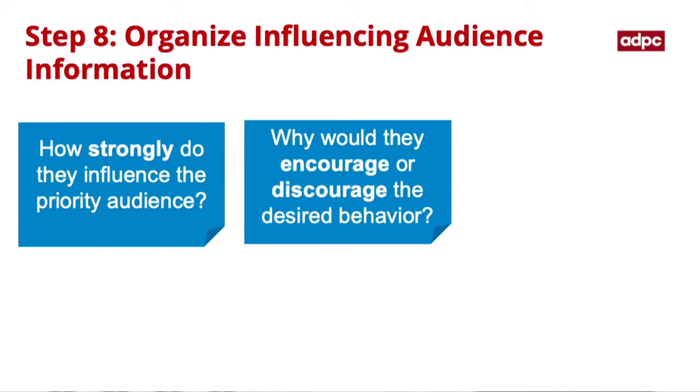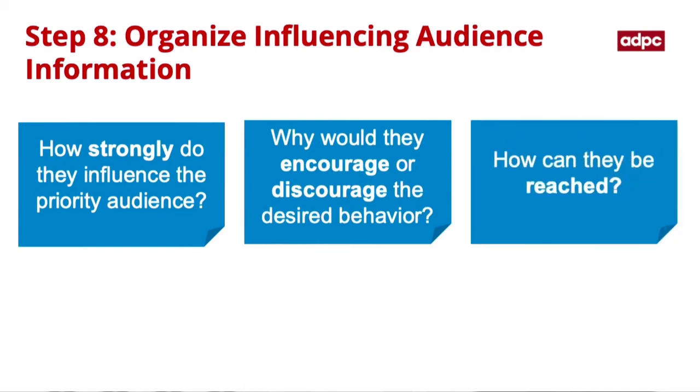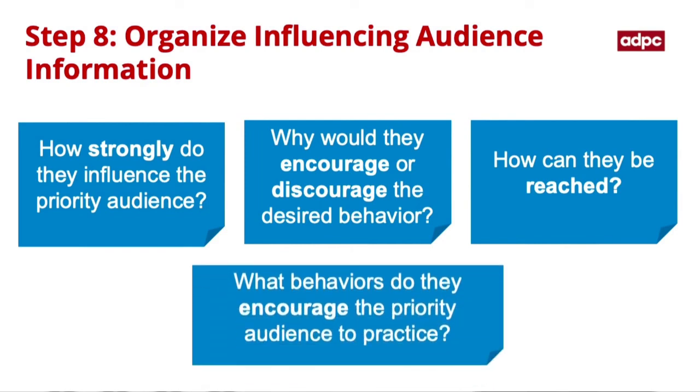Why would they encourage or discourage the desired behavior? How can they be reached? And finally, what behaviors do they encourage the priority audience to practice? Answering these questions can help you identify and target the most important influencing audiences. Activities and messages will have to be developed for the influencing audiences as well to help promote the behavior change of your priority audience.